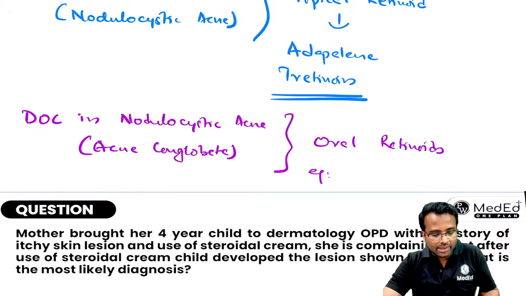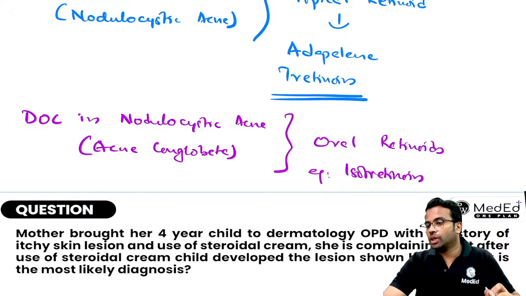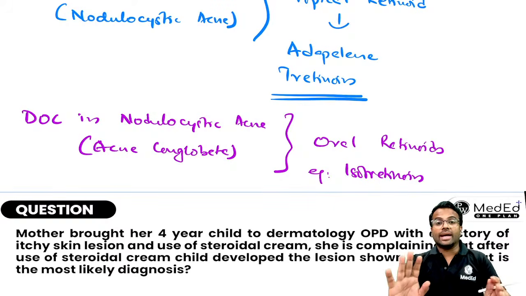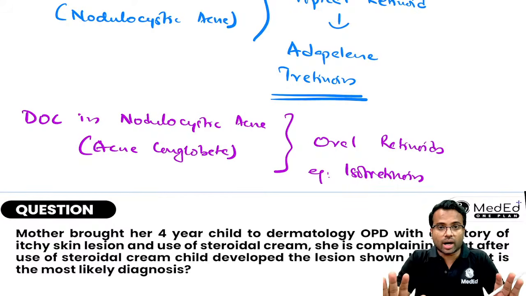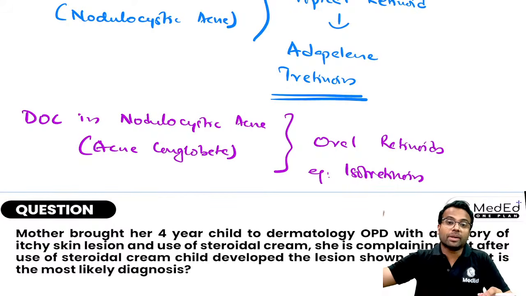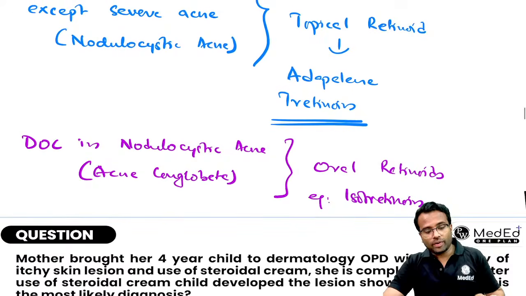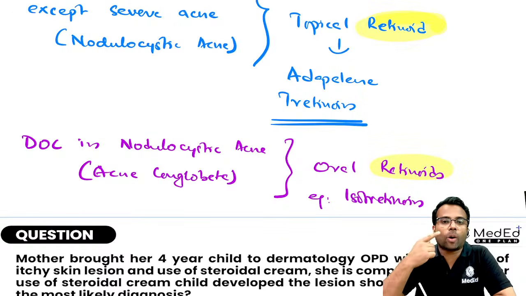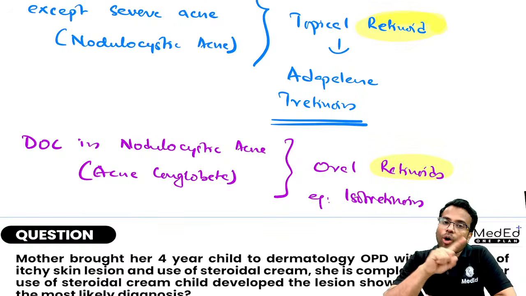And the example is isotretinoin. So please make sure that you have this thing in clarity. Okay. Any MCQ asking you what is a drug of choice in pimples or acne, always look for this option, retinoid. Answer should be a retinoid. बस इतना डिसाइड करना है कि टॉपिकल एजेंट यूज करना चाहिए या oral agent.